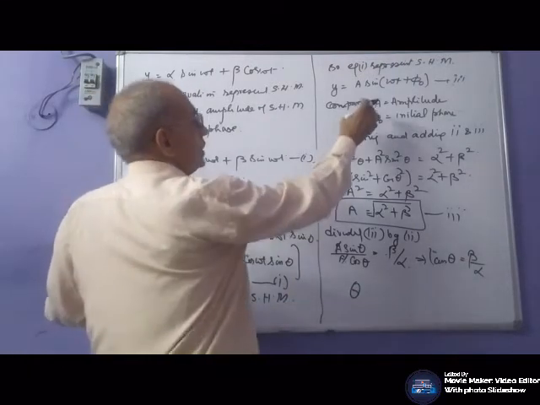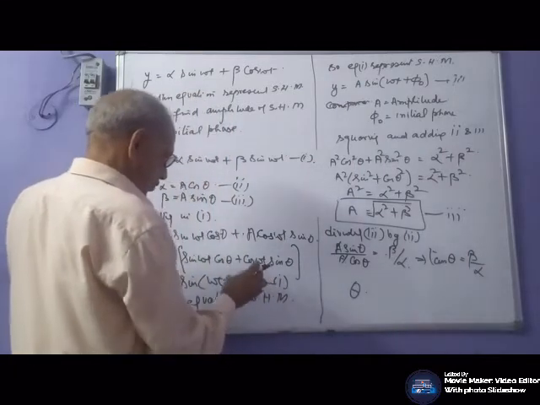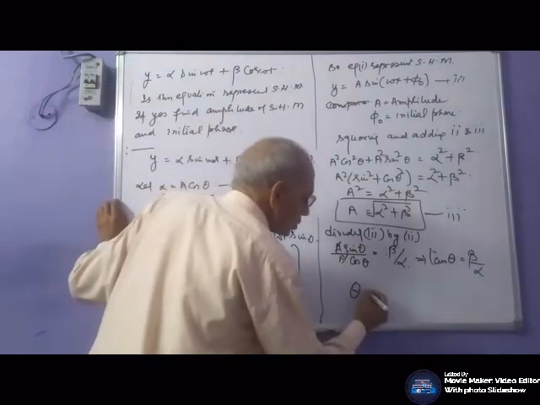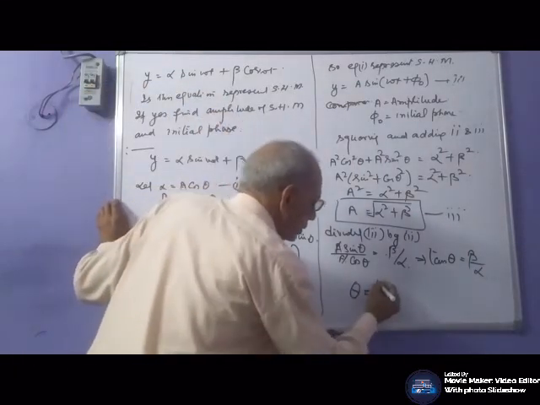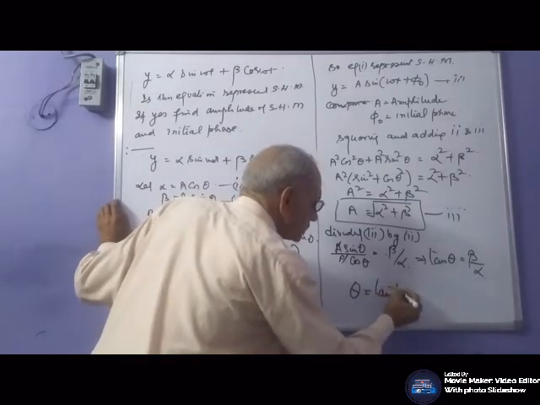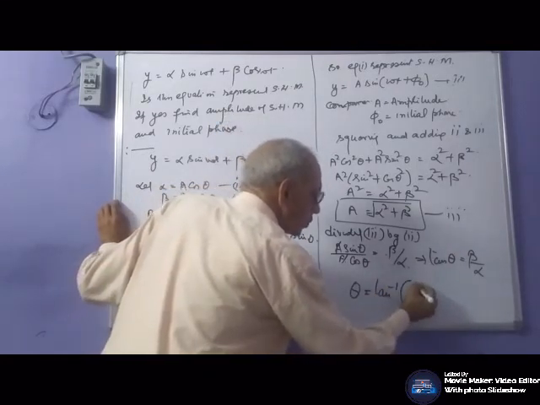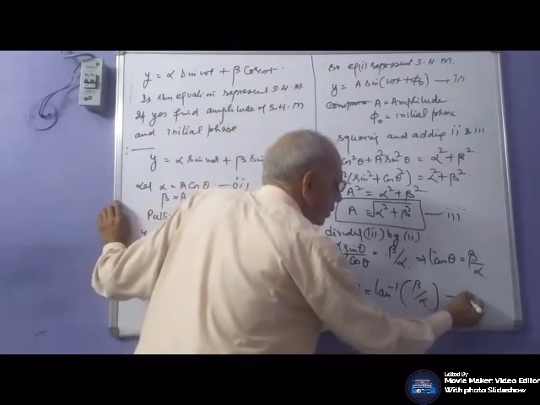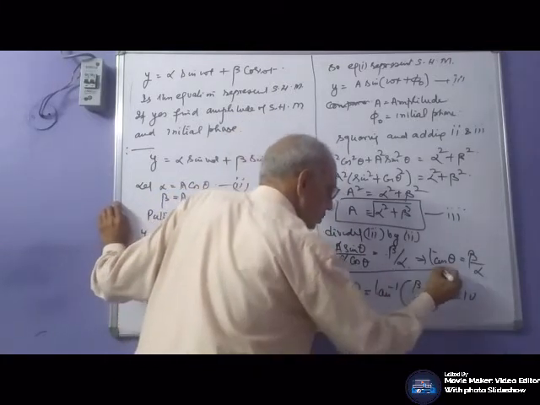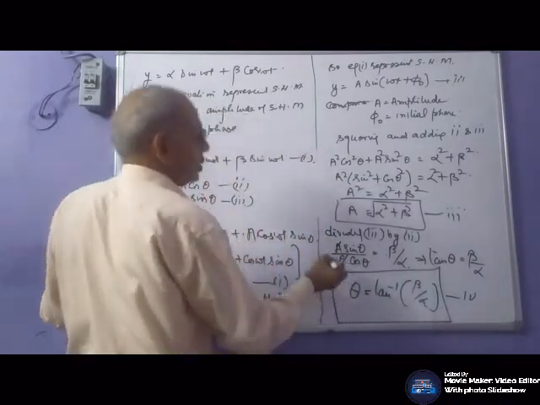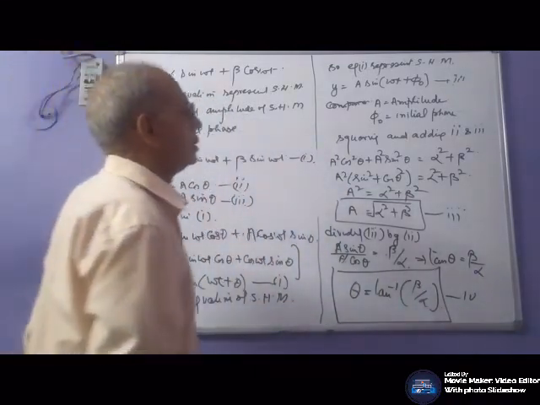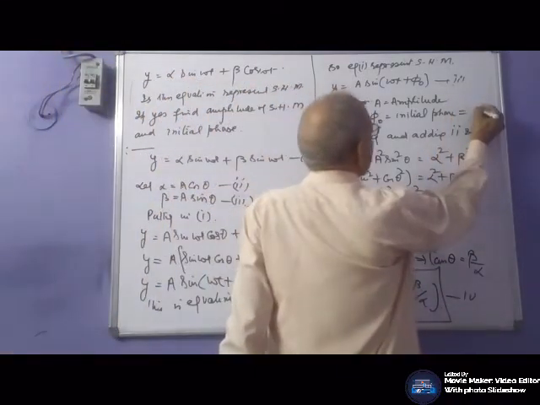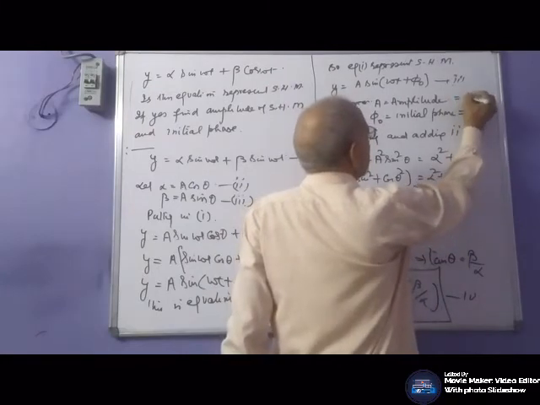Why compare this second with first? So theta equals tan inverse beta by alpha. Fourth. It is theta, it is A.